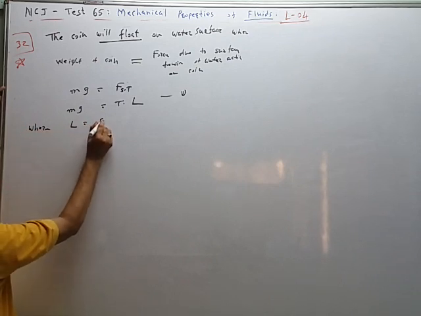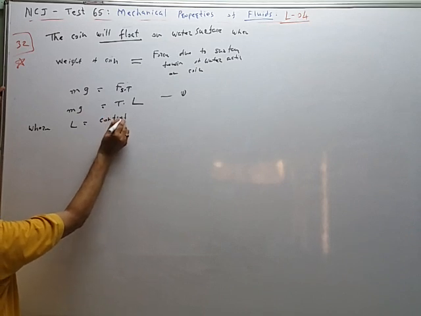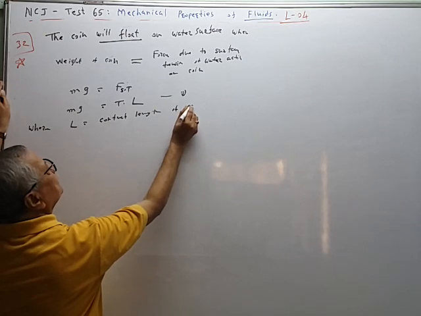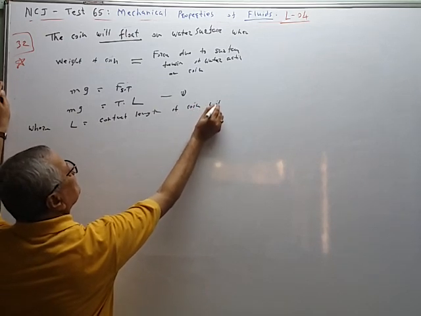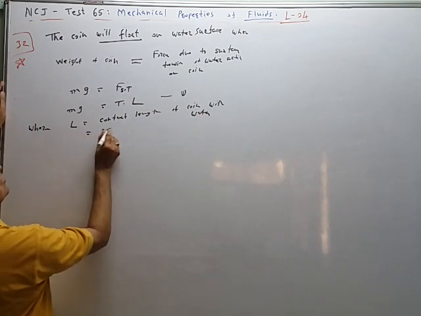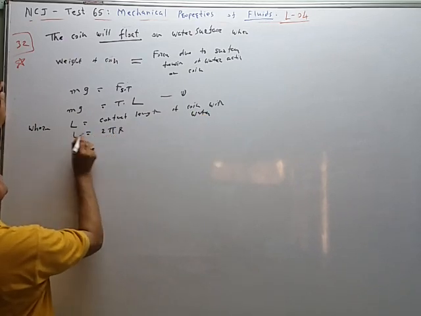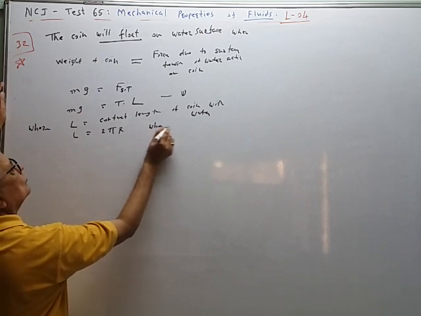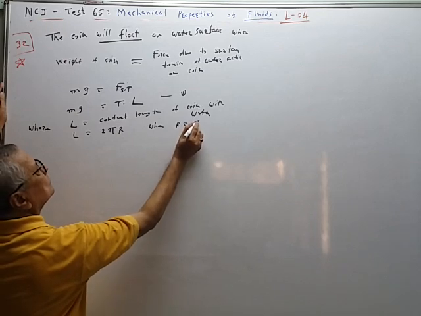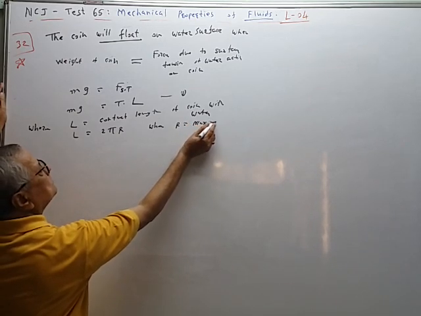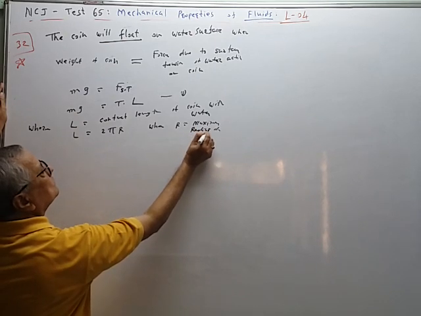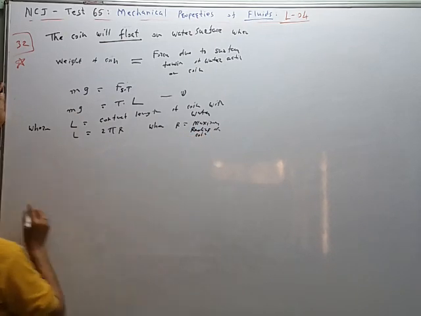Where L is equal to contact length of coin with water is equal to 2 pi r, where r is equal to maximum radius of the coin.